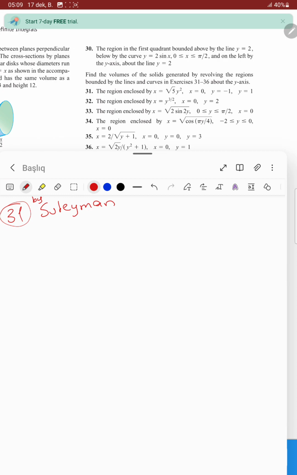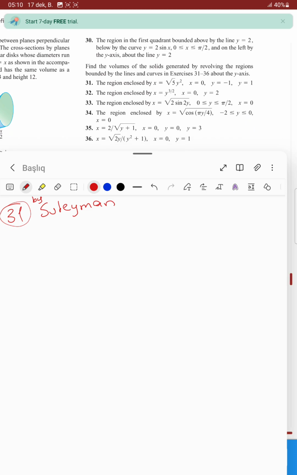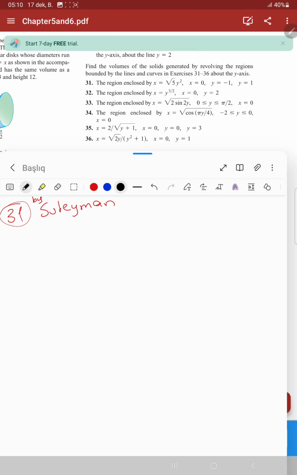Maybe you have difficulties, but let's just solve 31, and if you have questions you will send them. Find the volumes of solids generated by revolving the regions bounded by the lines and curves. It's an interesting question, and be careful with these questions.